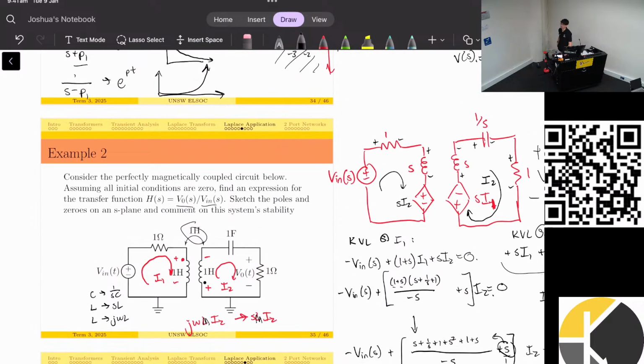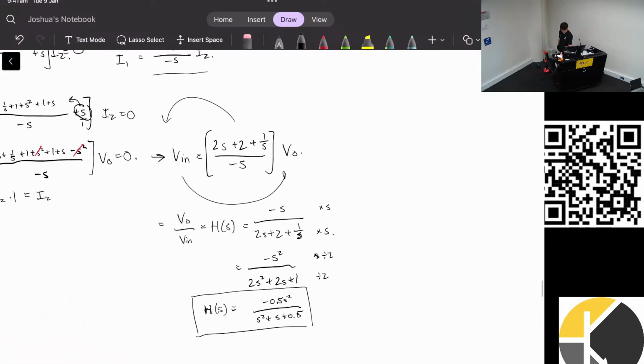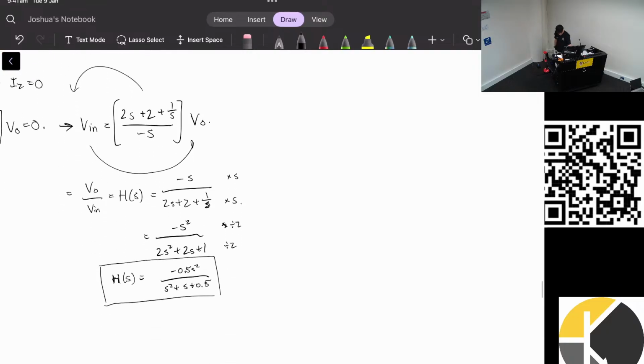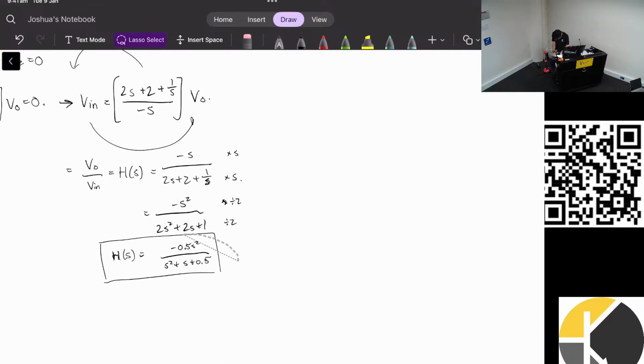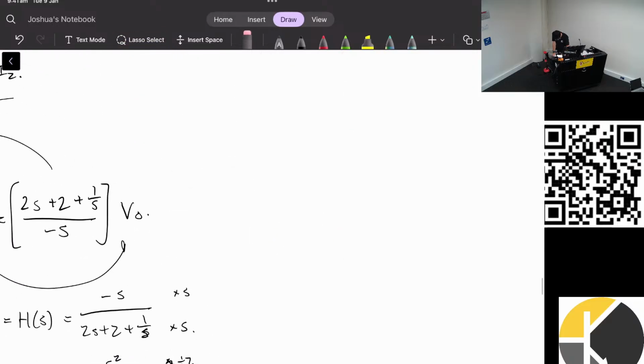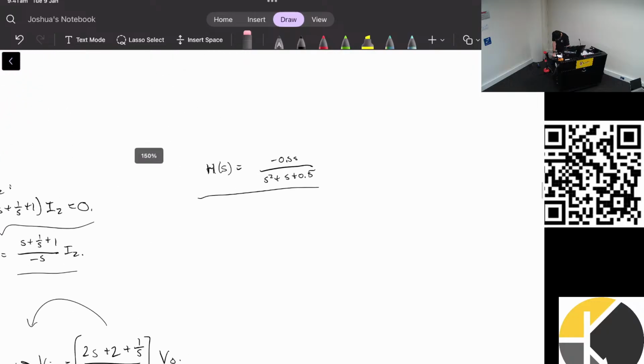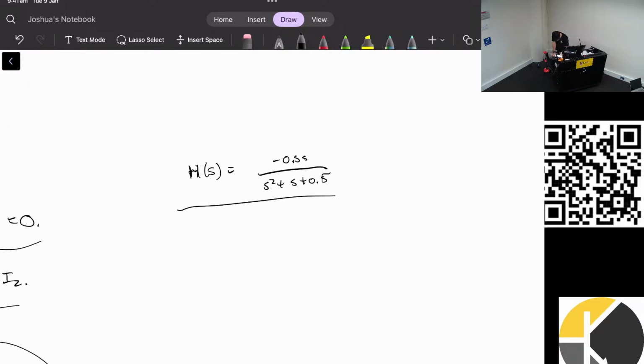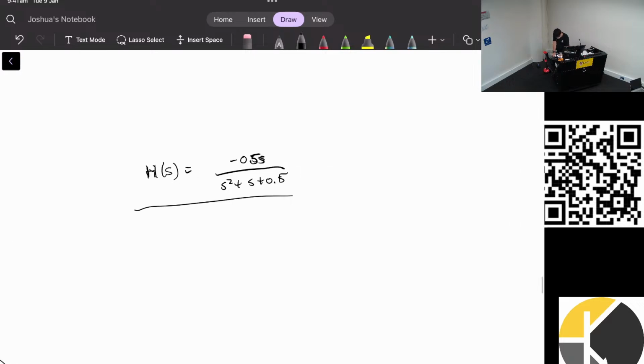Now we have to sketch the poles and zeros on the s-plane and comment on the stability. So I will move this up here to give myself a bit more space. So I need to factorize the denominator to get my poles. So I'll apply completing the square again.